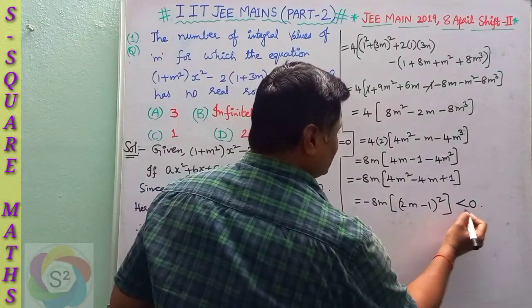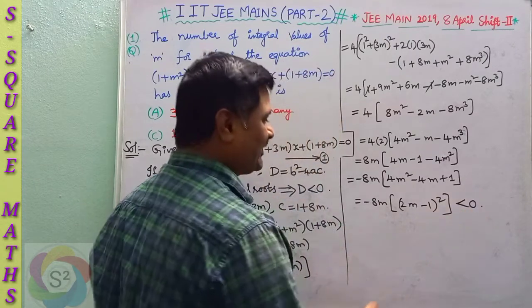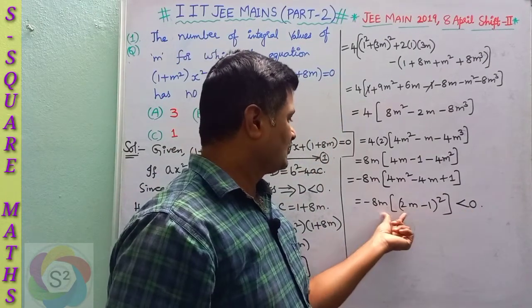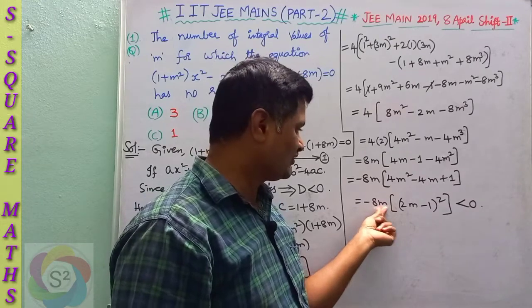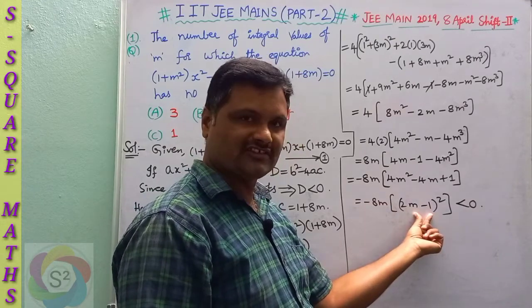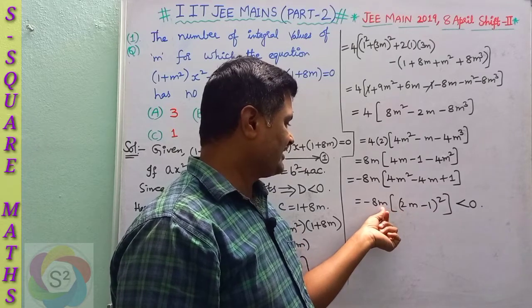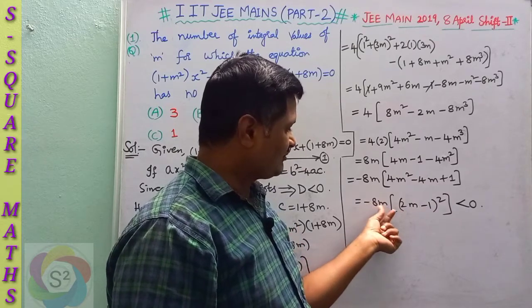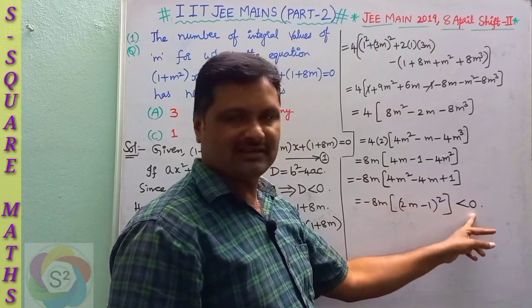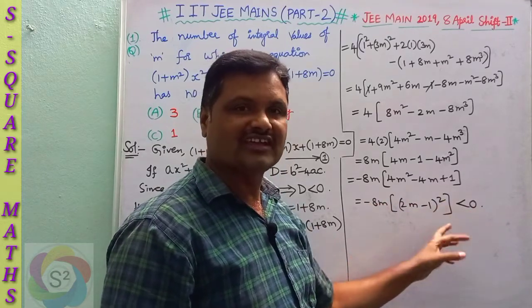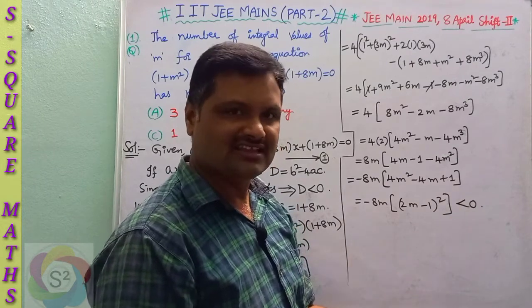If you consider m as negative, then the whole square is positive, positive into, again here it is negative, minus into minus becomes plus. So plus into plus cannot be less than 0. That's why m cannot be less than 0.